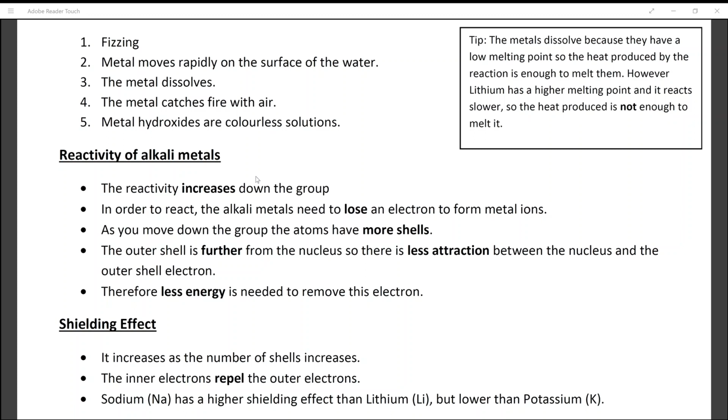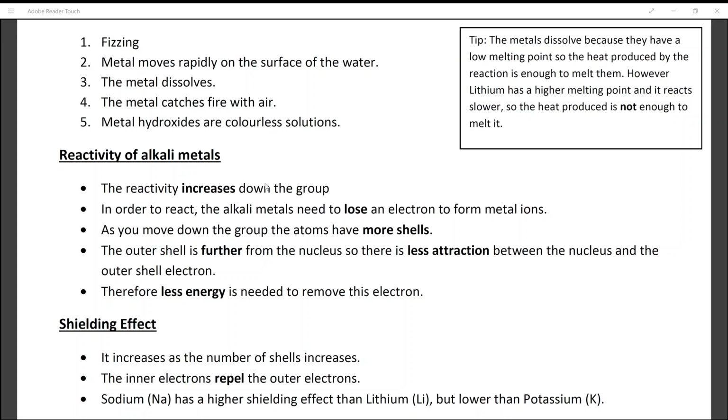In order for the alkali metals to lose an electron, there has to be energy to overcome the attraction between the nucleus and the electron. Okay, then, the electrons are negative and the nuclei are always positive.